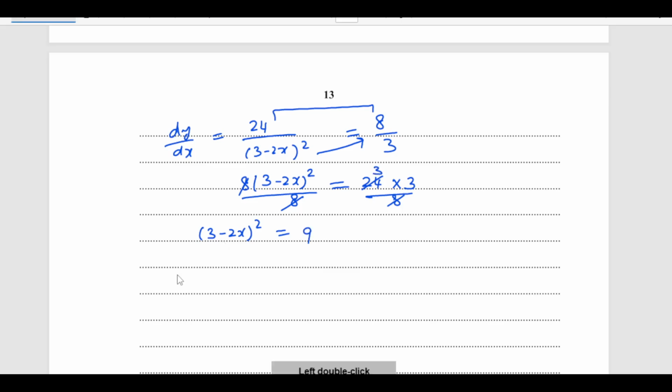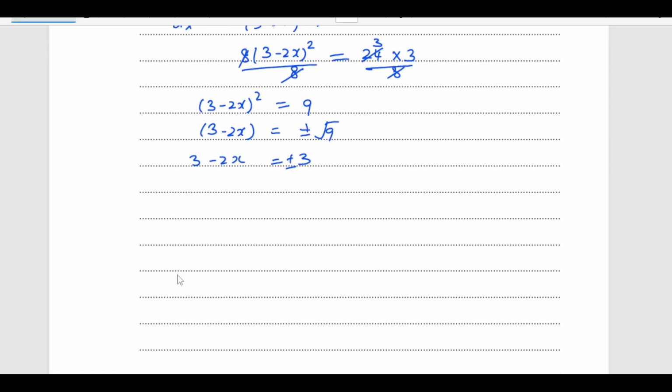Okay. So, now taking the square root on both sides, we will have 3 minus 2x equals plus or minus the square root of 9, that is plus or minus 3, right. So, we have two options here, either 3 minus 2x equals positive 3, or 3 minus 2x equals minus 3. Okay. So, from here we have negative 2x equals 3 minus 3, that is 0.